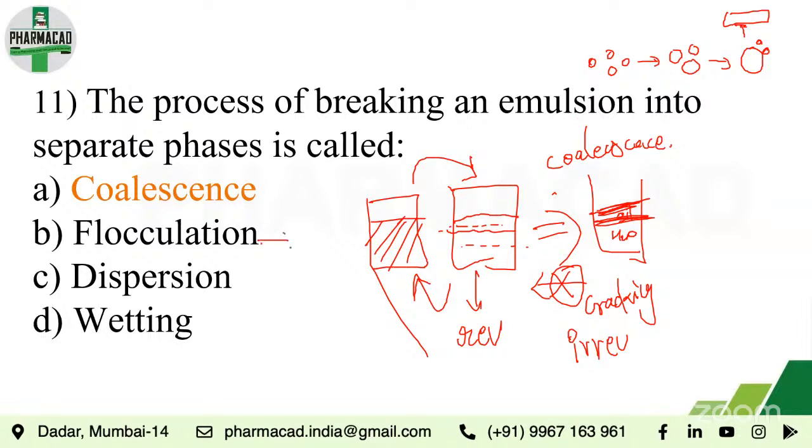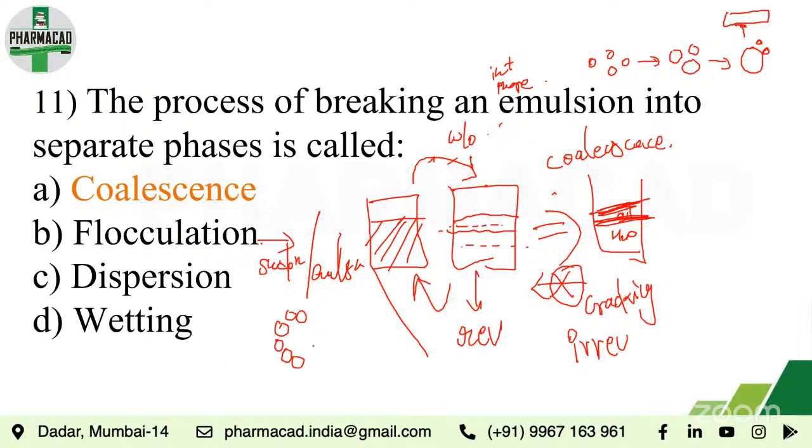What about flocculation? What is flocculation? Flocculation usually happens in suspension, also emulsion. Okay, so इसमें your particles या internal phase जो भी disperse phase है. हाँ, and coalescence can happen in case of water in oil emulsion also. Okay, it depends on the internal phase.